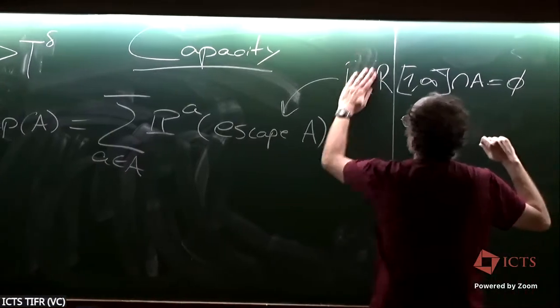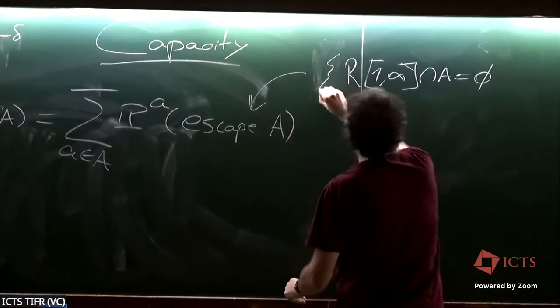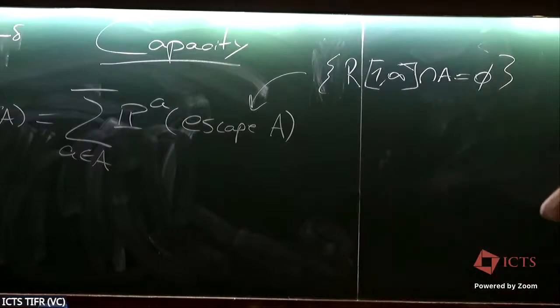Well, this is just the escape, not the probability. This is the event of escaping from A. And the capacity is defined as the sum of these probabilities. Okay, the definition of capacity clear?